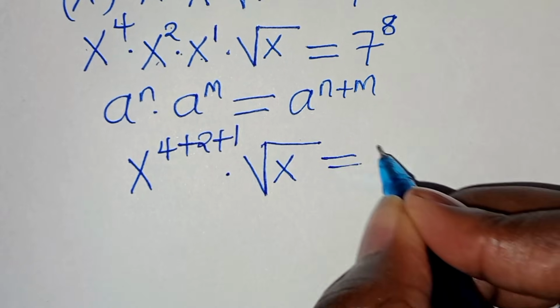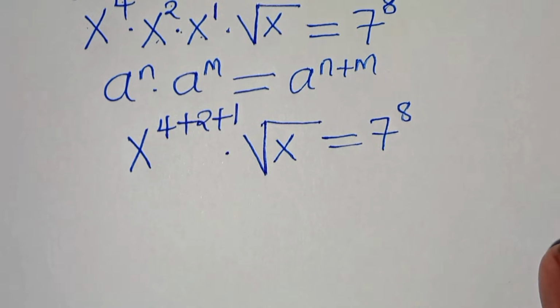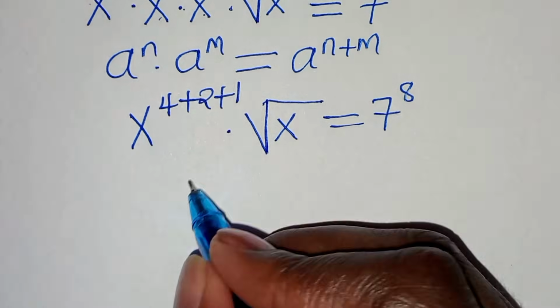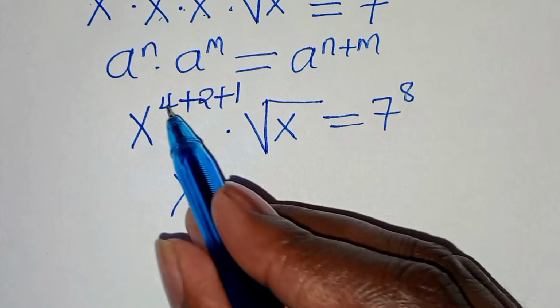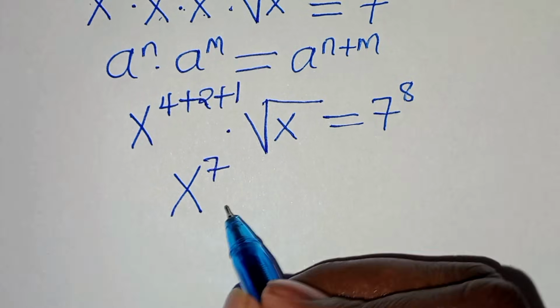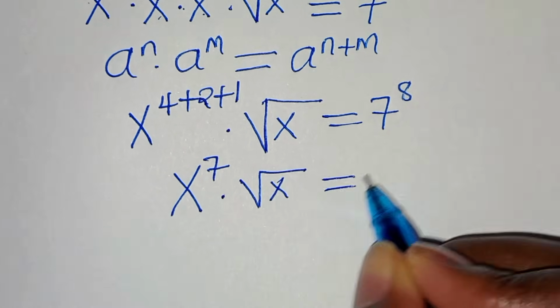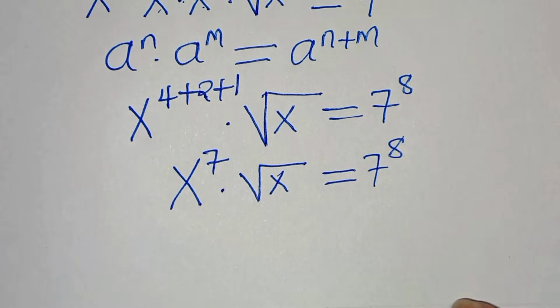This is equal to 7 to the power of 8. So this means we have x to the power of 4 plus 2 is 6 plus 1, this is 7. So we have x to the power of 7 times square root of x. This is equal to 7 to the power of 8.